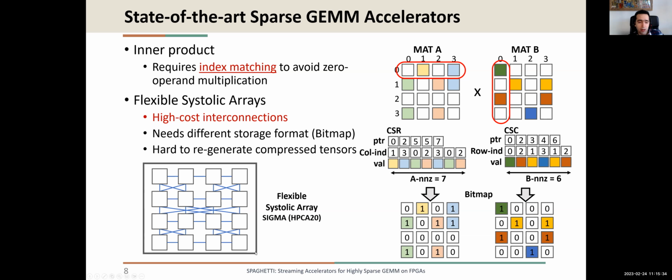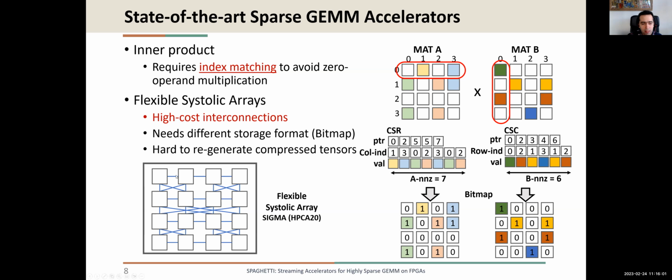Processing elements are still arranged as a 2D grid, but the connection between the processing elements is more flexible. So in case you have any mismatch in indices, you can select different weights or different activations from different locations.